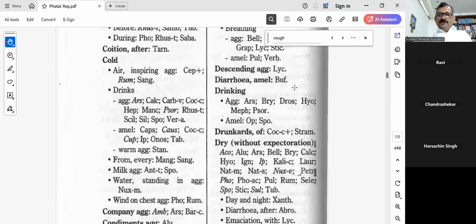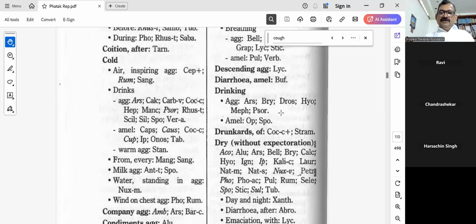And as I told you, all these they might have used as folk remedies. That is used in our homeopathy, and they have proved this by giving it to a healthy person, and they have mentioned it here. If someone has the diarrhea, his cough gets better. That is before. Okay, drinking aggravation.